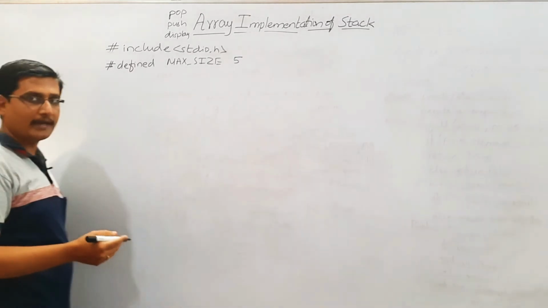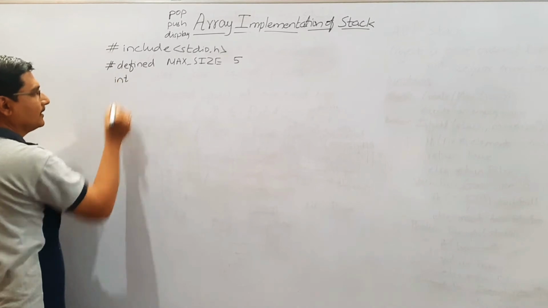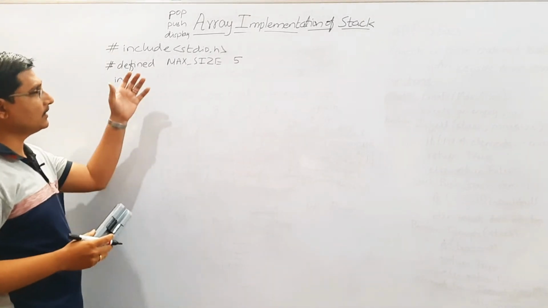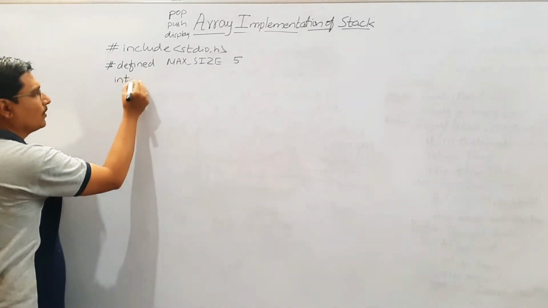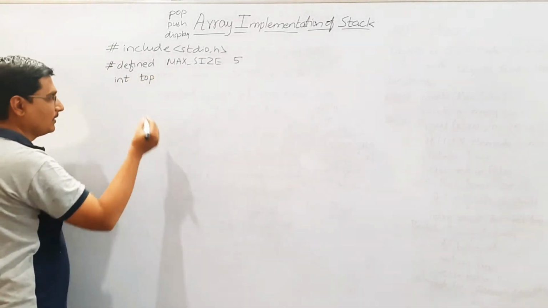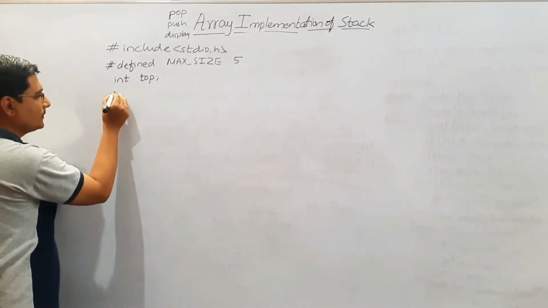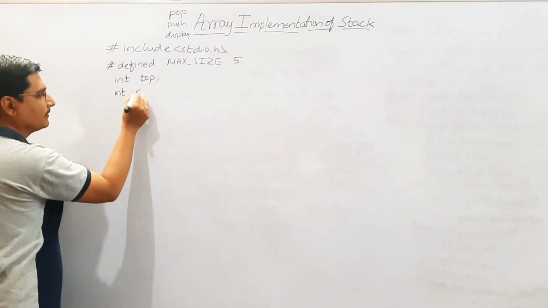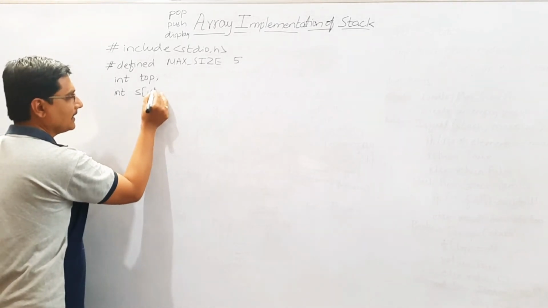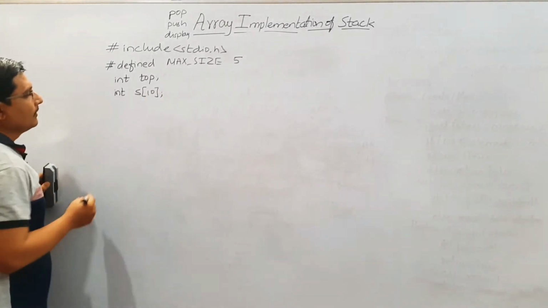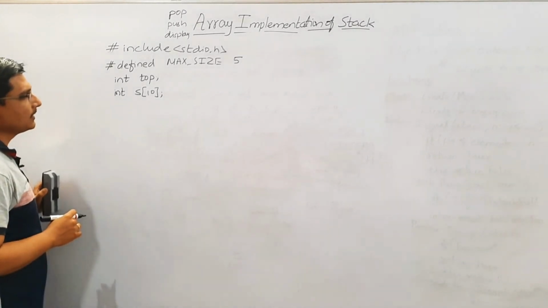And whenever we are implementing a stack, we need a variable top. Either you can use top as a pointer or a value. I am using it as a value here, so let us declare top as a global variable. Then I need the stack itself, which is an array. Say I declare it as s of 10. So these are the global variables required.